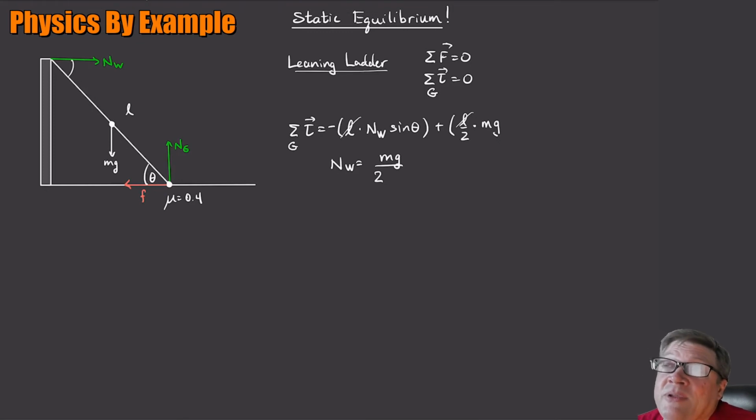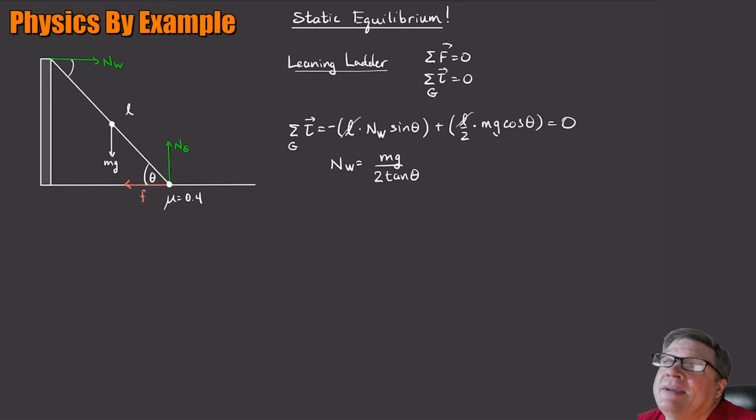So when theta is 0, I want the whole thing, so that's cosine. So this is going to be mg cosine theta. Okay, neat. So N_W is going to be mg over 2 tangent theta, because it's cosine over sine, so that's over tangent theta.